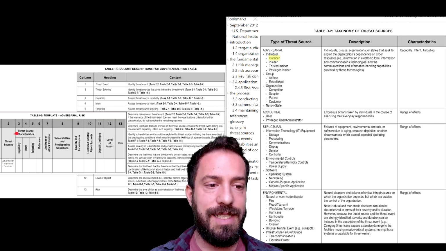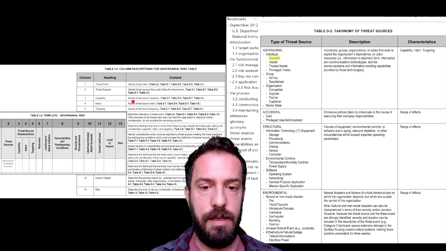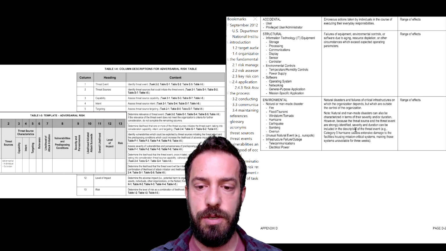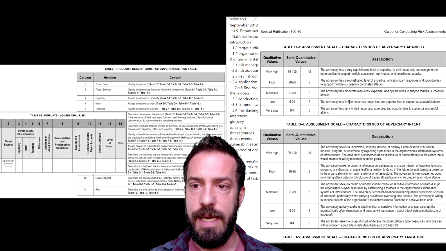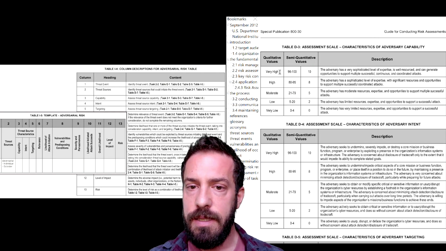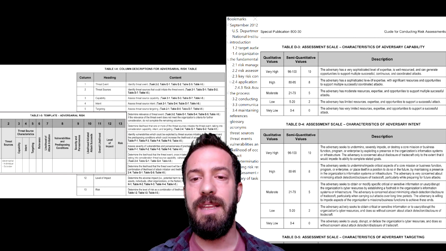Let's try to understand the characteristics of the threat source: capability, intent, and targeting. For capability, this is still in task 2.1. I'm trying to assess the threat source capability. This is a table I can use from my assessment scale: very low to very high, or 0 to 10, or 0 to 100. That's an outsider and an individual.